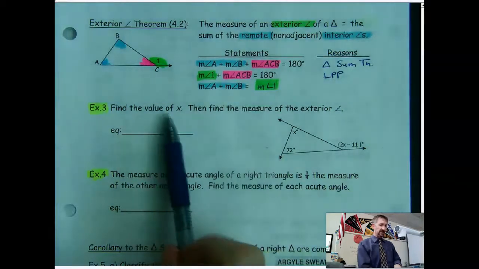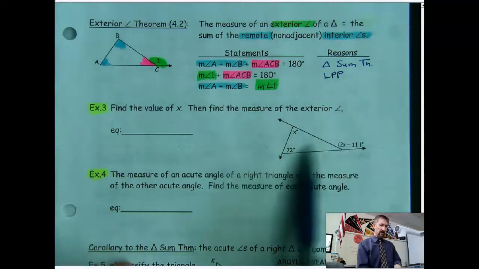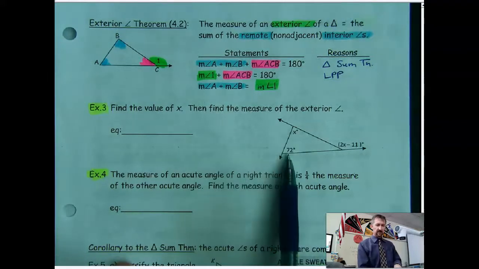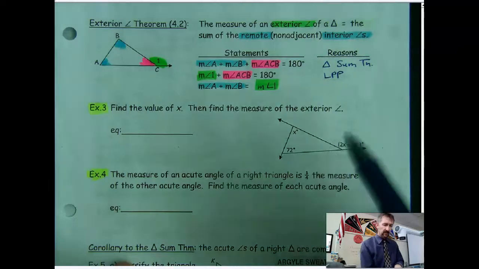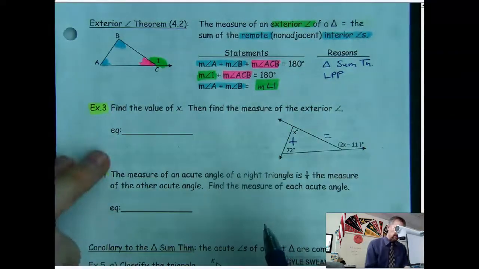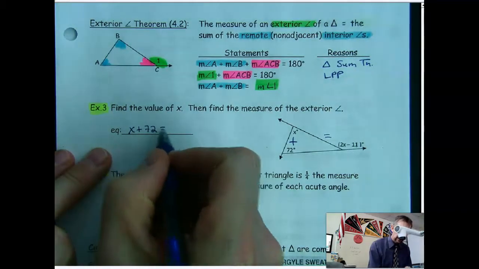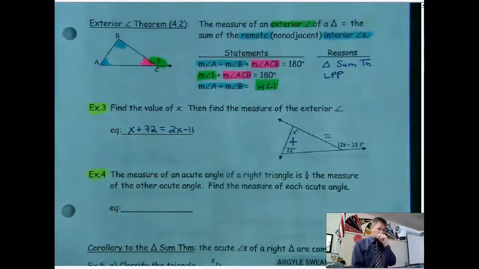Okay, find the value of x. Then find the measure of the exterior angle. Well, this is just illustrating exactly what we have up here. This plus this equals this. So in our equation here, we would say x plus 72 equals 2x minus 11.